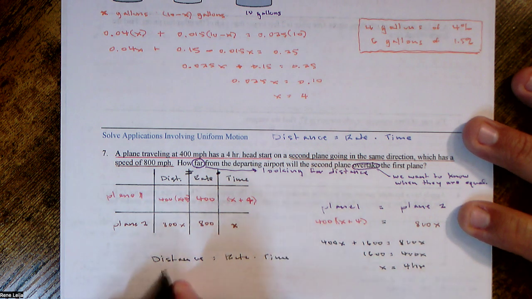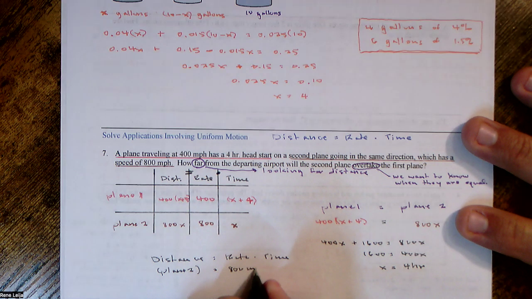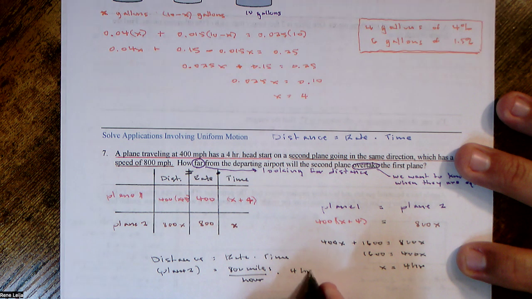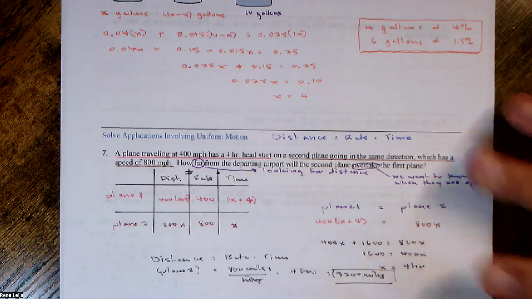This is the distance for plane two. The rate is 800 miles per hour times 4 hours. So our hours unit cancels, and 800 times 4 is going to give us 3,200 miles. And that is our answer.